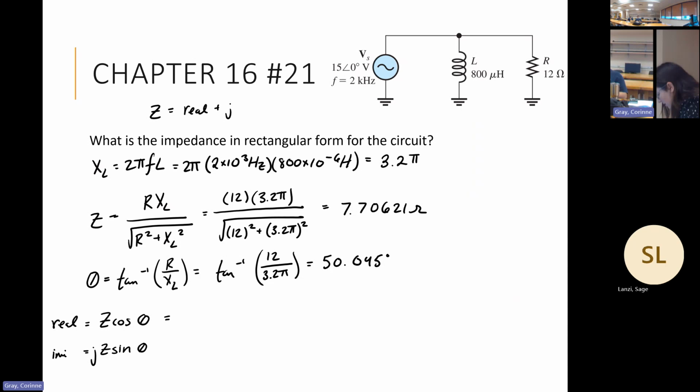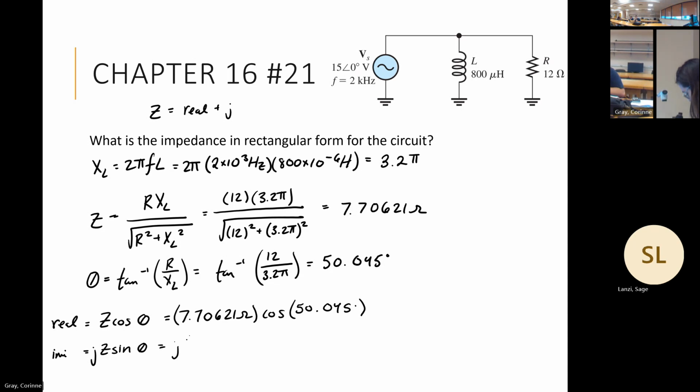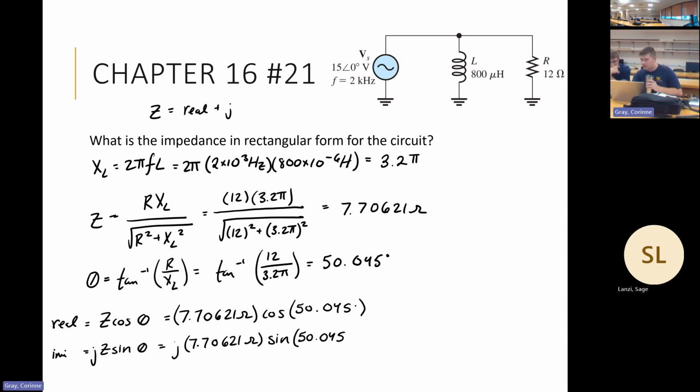So we'll have 7.70621 ohms, cosine 50.045 degrees. For the imaginary part, same thing, but sine, and I also have the J here to remind us we can't just add these values together.